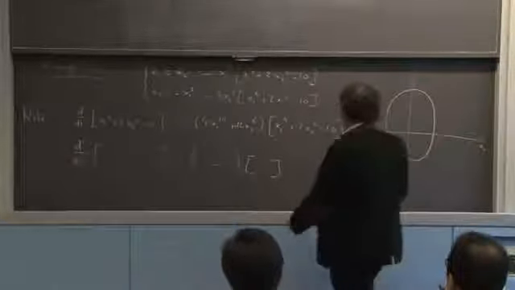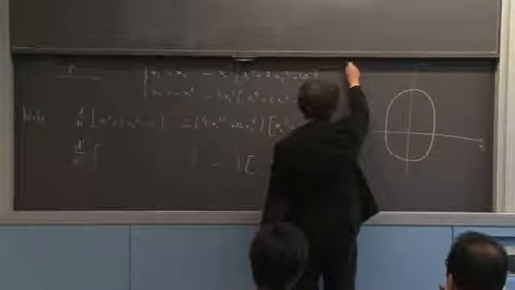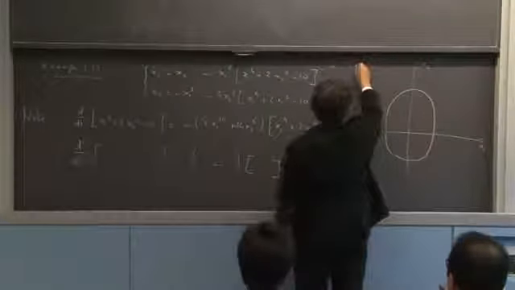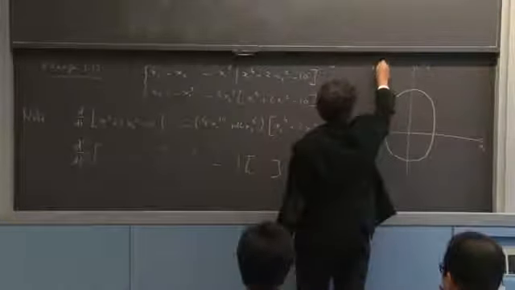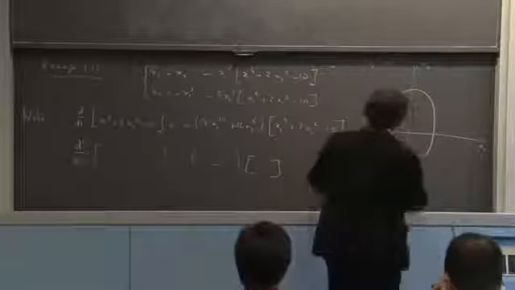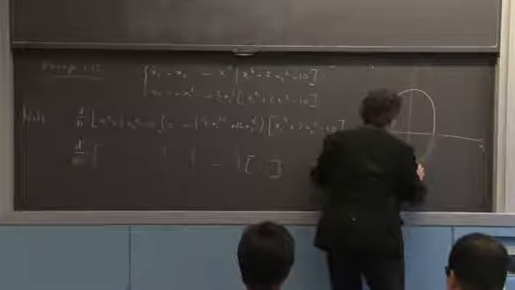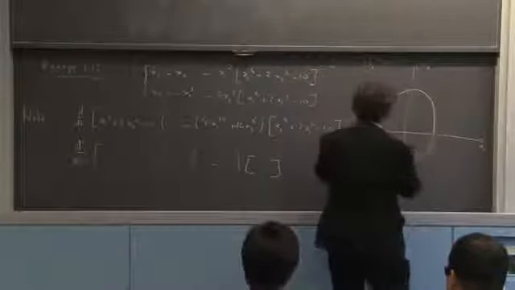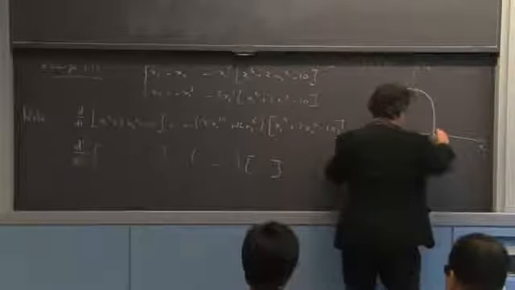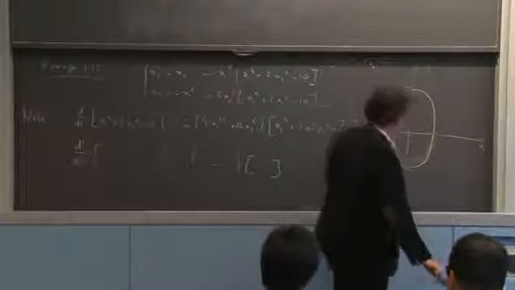So this oval here is the set x1 to the 4 plus 2x2 squared equal 10. And of course, it's perfectly symmetric with respect to x1. So it's not quite this. All right, so that's this system.